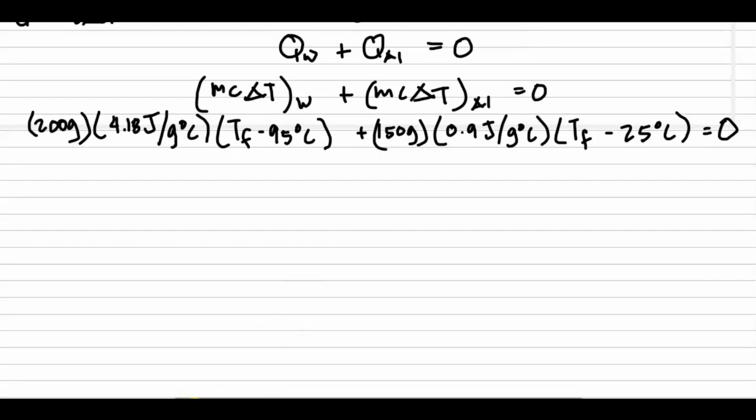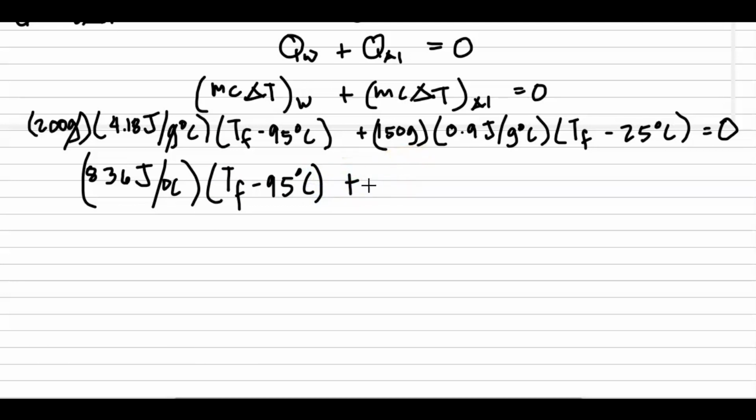So 200 grams times 4.18 joules per gram degree Celsius is 836 joules per degree Celsius. Take note, we cancel the grams. On the side of aluminum, we have 150 times 0.9, that is equal to 135 joules per degree Celsius.